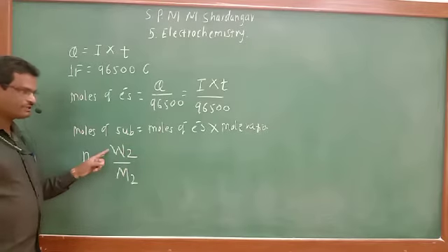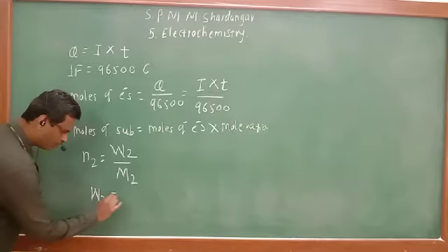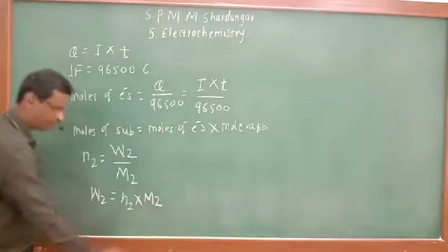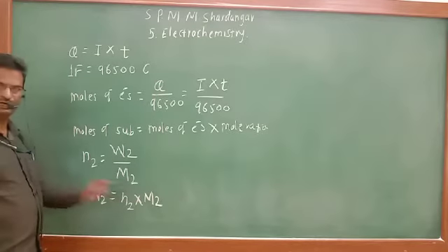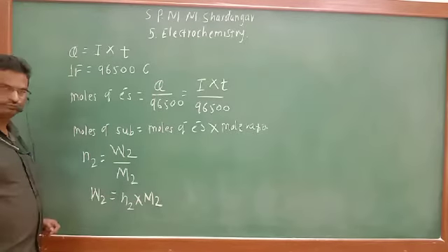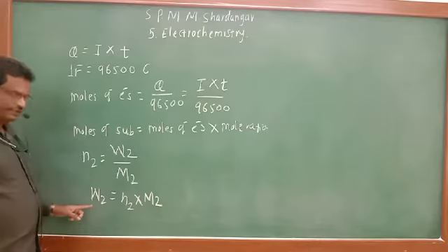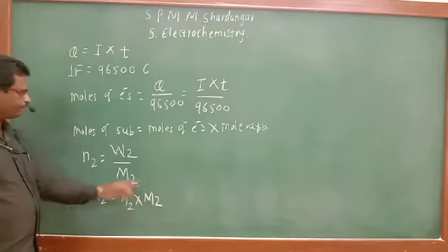So W2 is nothing but the mass of substance. It means that W2 will be equal to N2 into M2. So the mass of substance is the product of number of moles into molar mass.